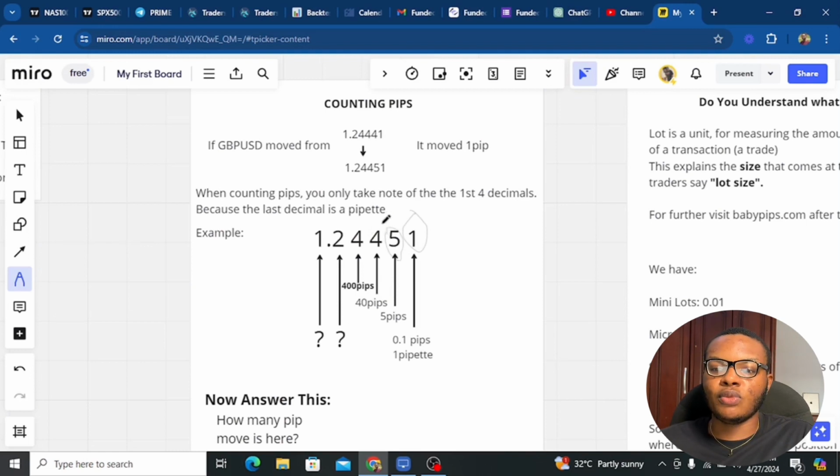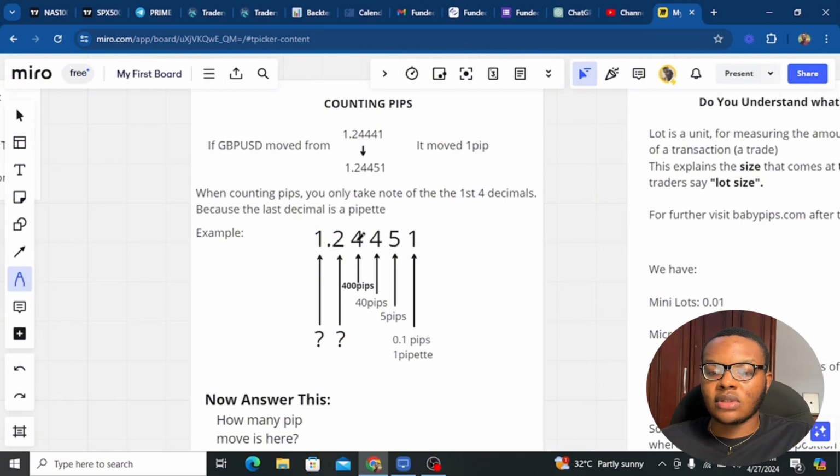And if you move further here, it now becomes 45 pips actually. But if we suppose that these are all zeros, it should have been 40 pips in total. It's very clear, just pay close attention. You get to understand counting pips. I'll also take it to the charts so you can see it for yourself, and how to use TradingView tools to calculate these pips yourself instead of counting like this.